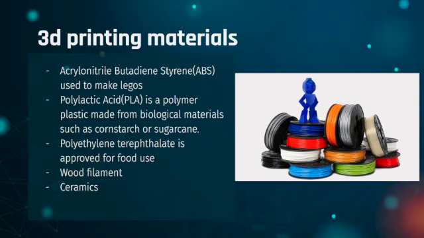This material is often used for sculptures and wood-like carvings. Another material, and the final one, is ceramics, which uses particles of clay combined with minerals and water. And ceramic 3D prints can be turned into solid pottery using clay. These are often used for art projects, tableware, and dental implants.